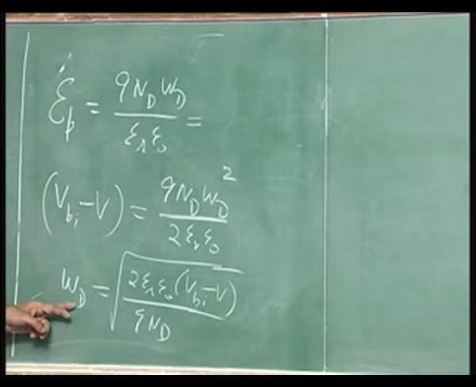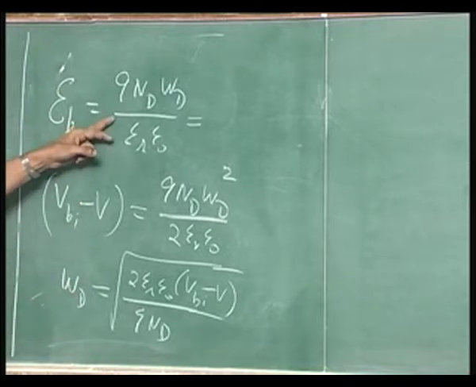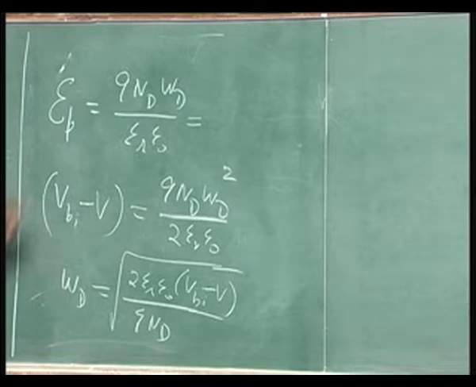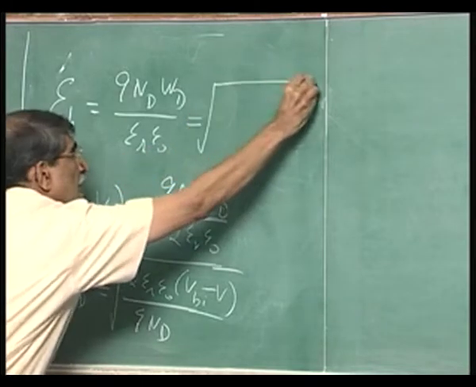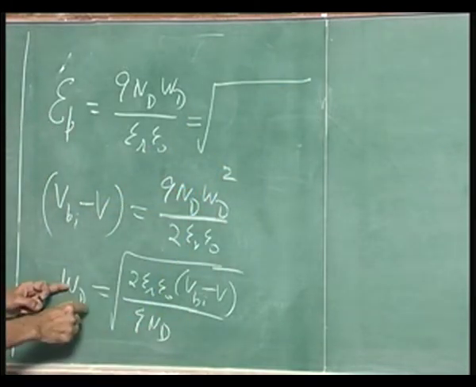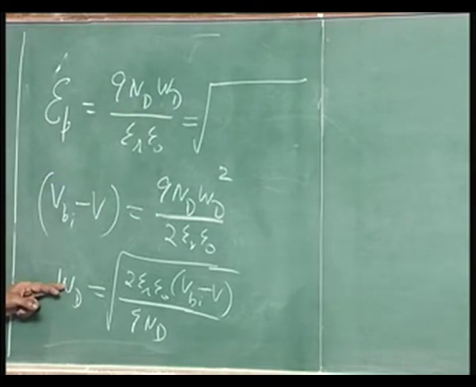That is W d, and when I put it here, E p becomes square root of, I substitute from here to there.